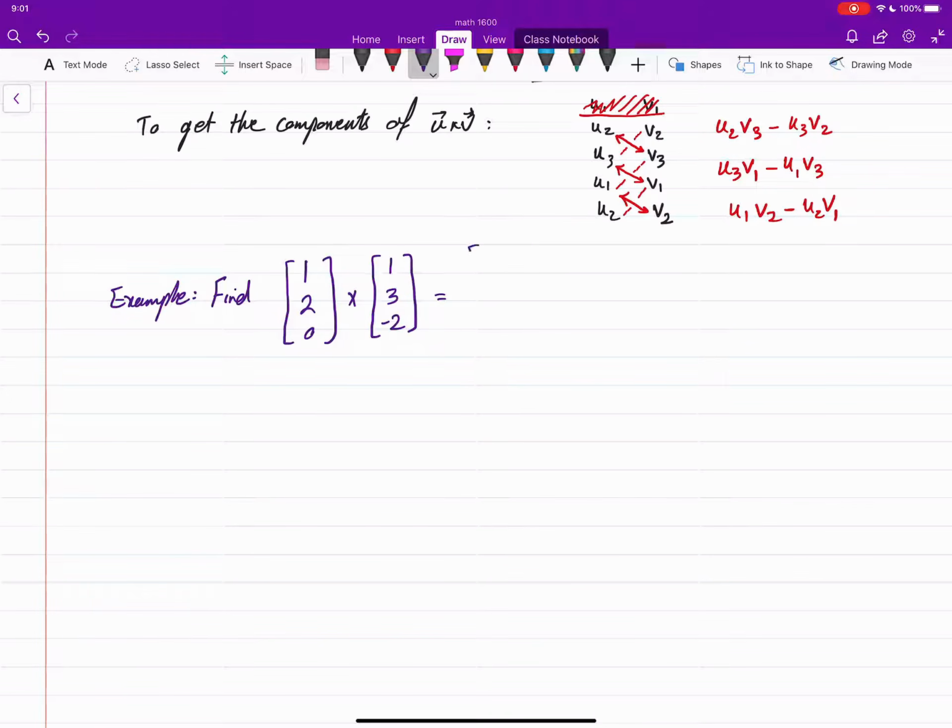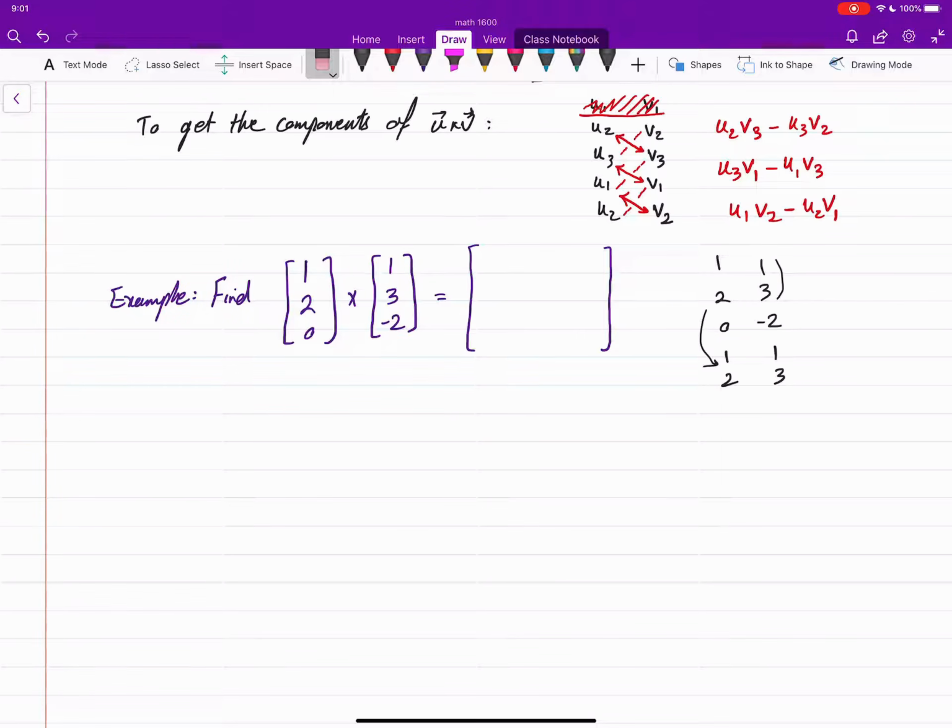This is going to have three components. How do we do this? We write 1, 2, 0, 1, 2, and 1, 3, negative 2, 1, 3. These are exactly the first two rows, which you put at the end of these columns.